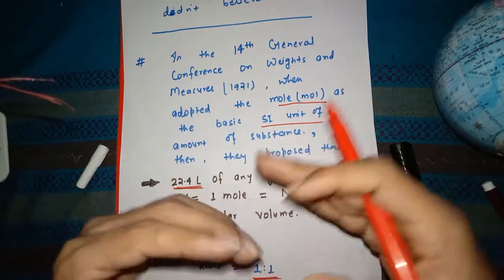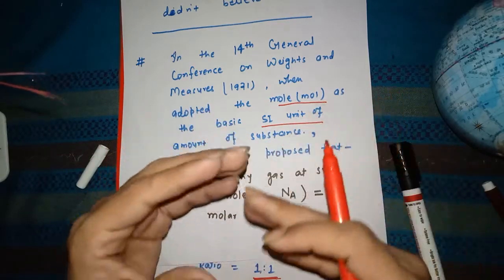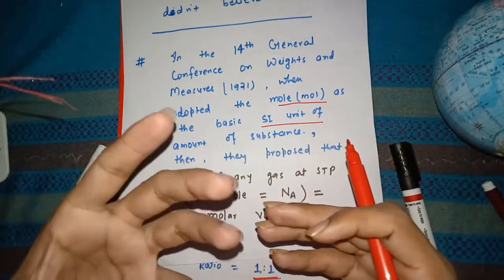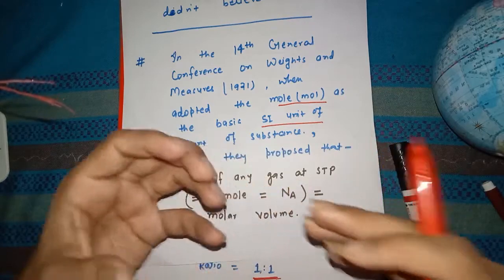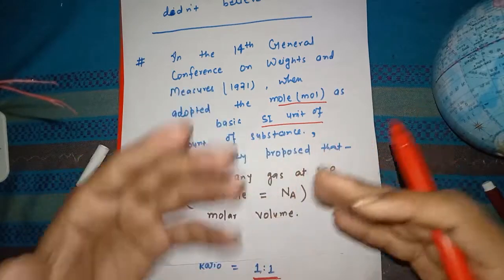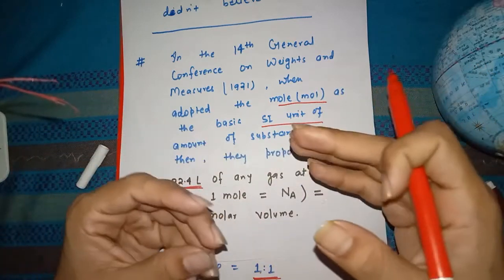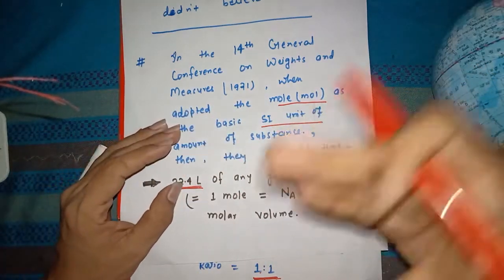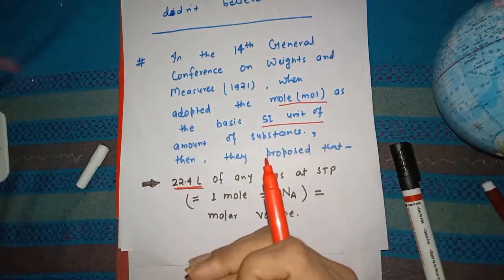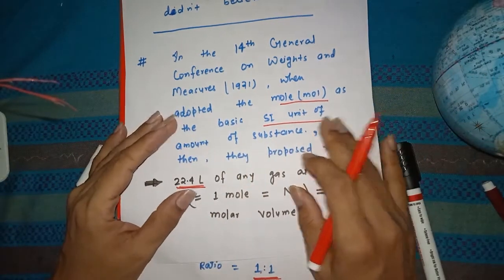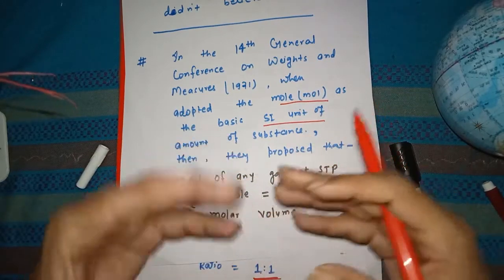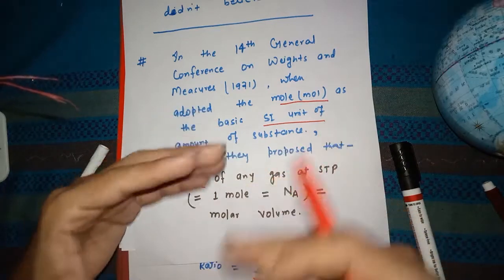For example, let's say one unit possesses 5 molecules, then 18 units possess 90 molecules. In this way we can count numbers more easily for our study. So in 1971 they proposed an SI unit of amount of substance, which we call mole.